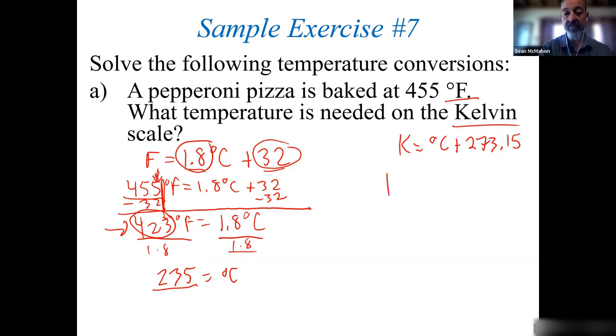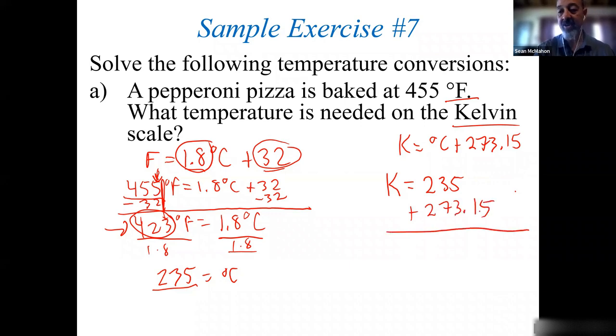And now for Kelvin, what do I do? I add 235 plus 273.15, but I'm not using the 0.15, and I'll kind of erase this because it's part of the formula and I'm treating that as exact.